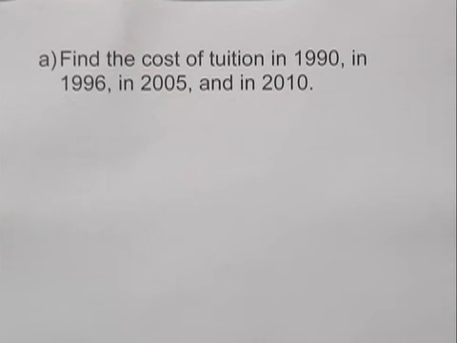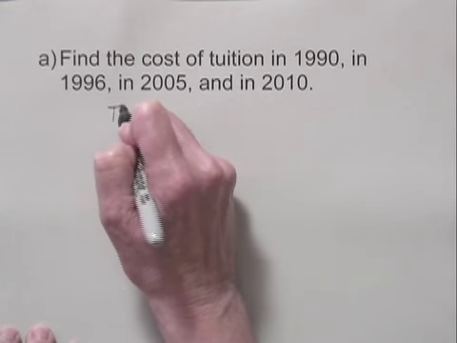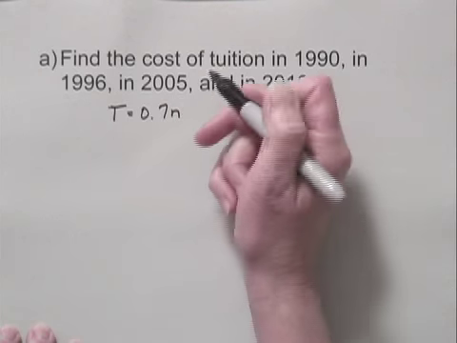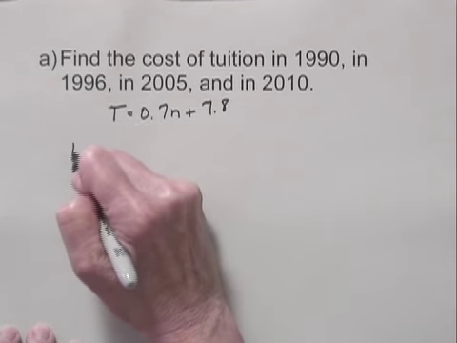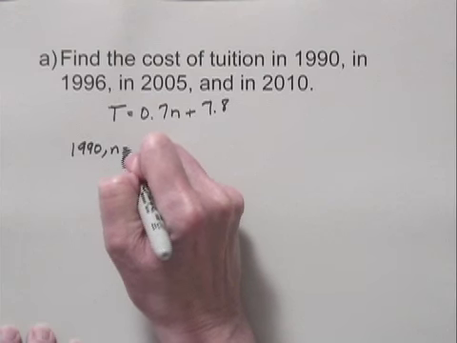Find the cost of tuition in 1990, in 1996, in 2005, and in 2010. Well, let's consider 1990 first. Remember, our equation is T equals 0.7n plus 7.8. Now, in 1990, n is equal to 0.